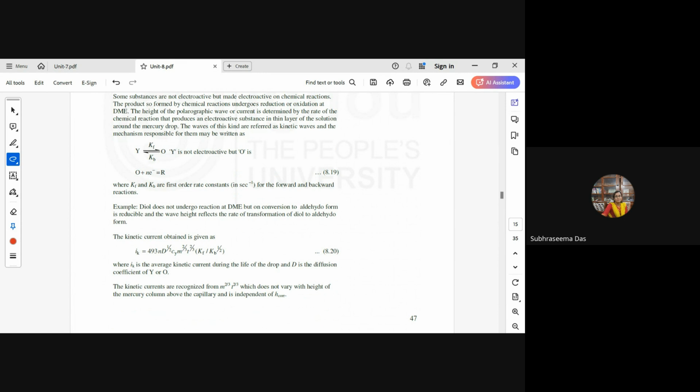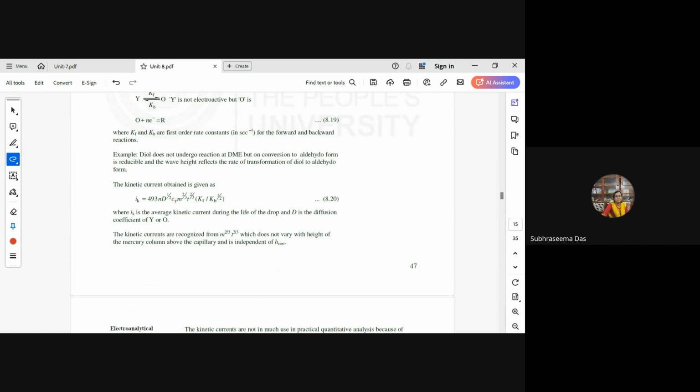The kinetic current, Ik, is given by the equation, where capital D is the diffusion coefficient for the species, either Y or O.